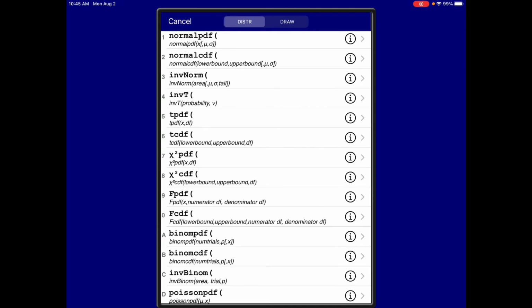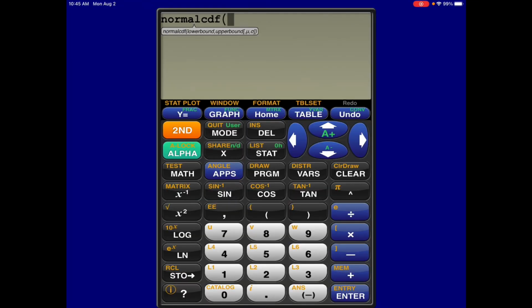On the calculator, we go to second, vars, normal CDF. The lower bound is 12.19, the upper bound is 1E99, our mean is 12, and our standard deviation is 0.11 divided by the square root of our sample, which for this problem is 36.